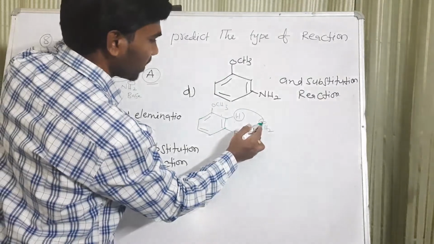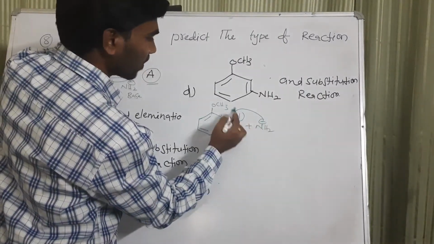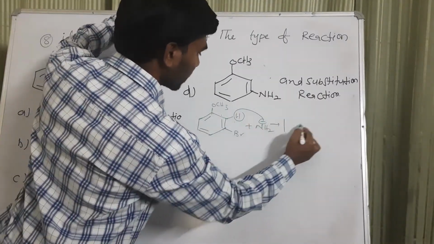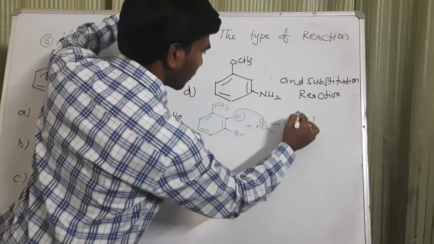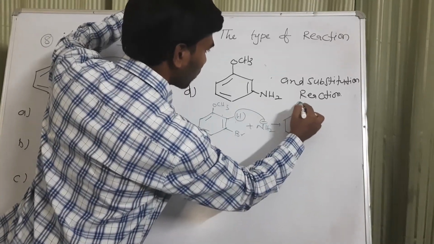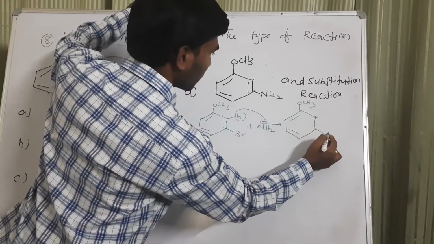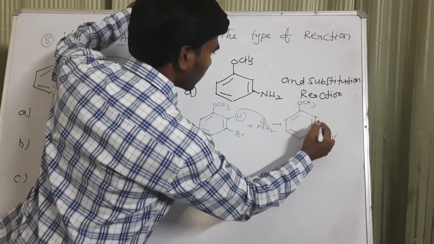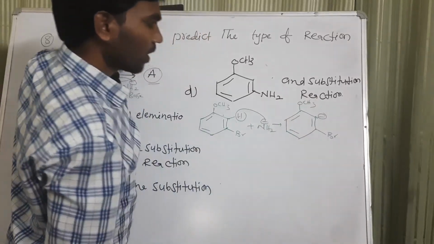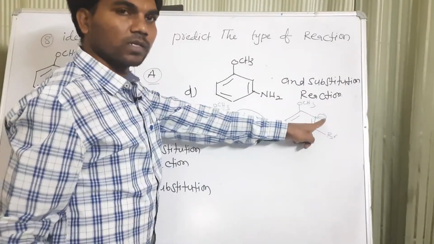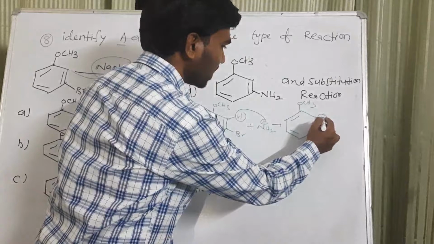When this NH2 minus abstracts the proton from here, it is going to form like this. Here OCH3, and here Br minus will form, right? Here a negative charge will form. When it forms a negative charge here, the reaction will complete via the benzyne mechanism.